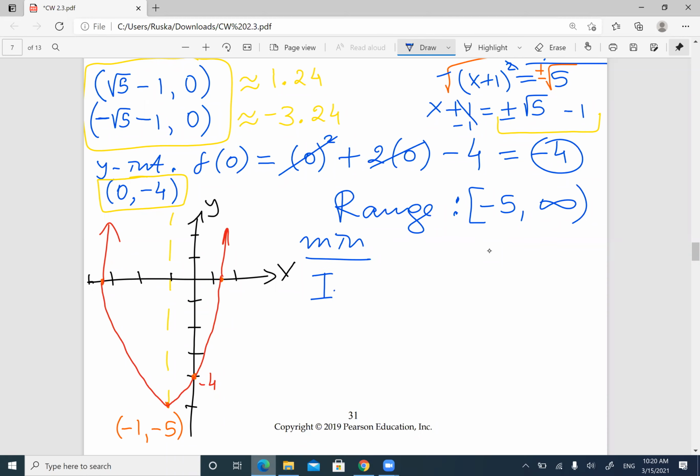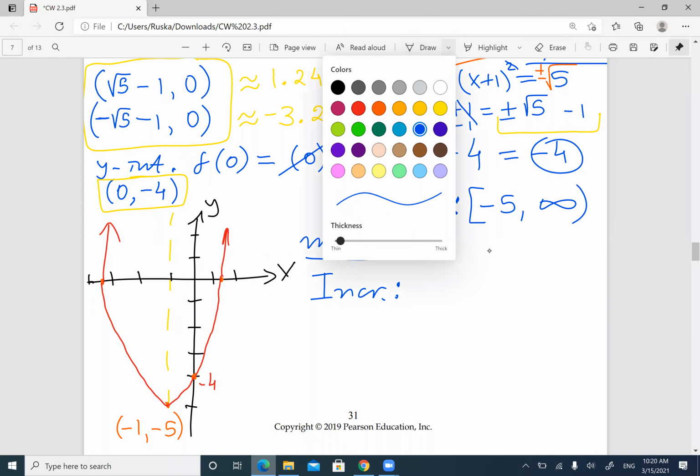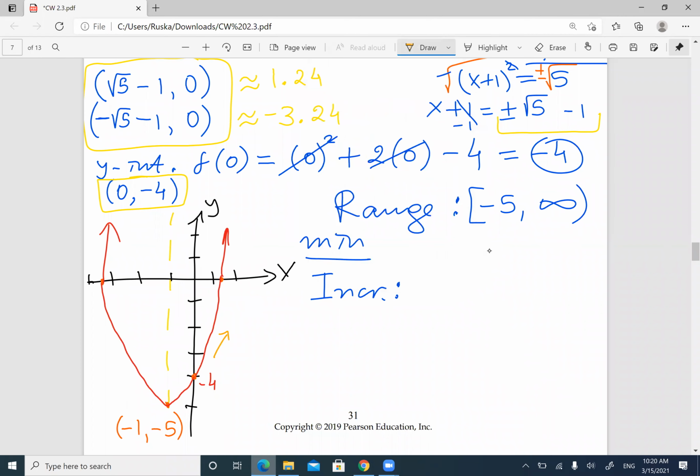So the graph is increasing when you draw it left to right, here, right? You're drawing up here. And you're drawing down here, left to right.